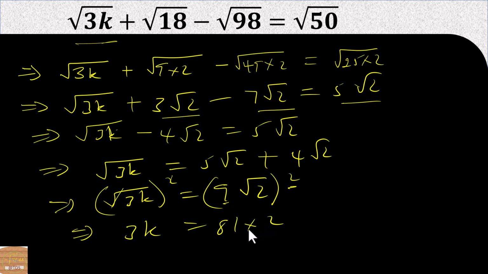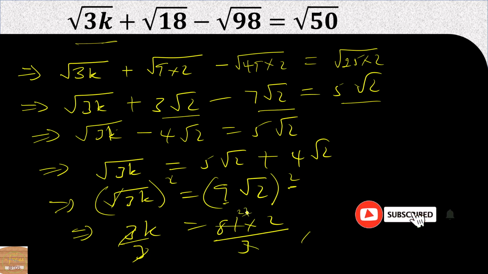So let's divide both sides by 3. So 3 into 81 is 27. So 27 times 2 is 54. So k is straight away 54.